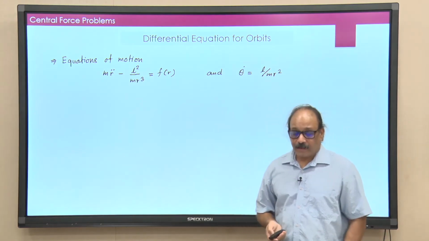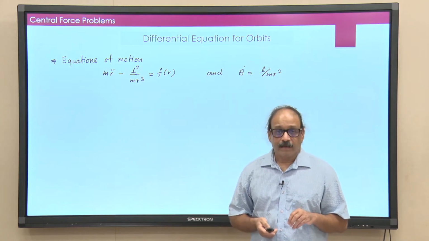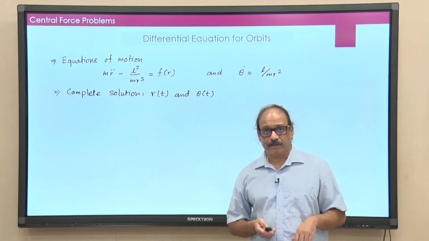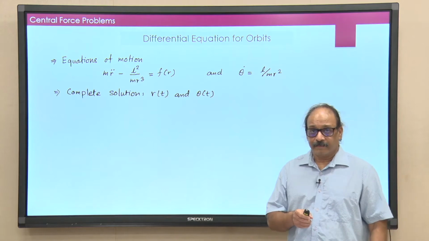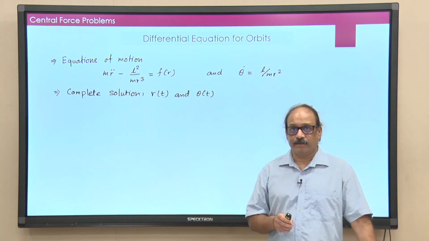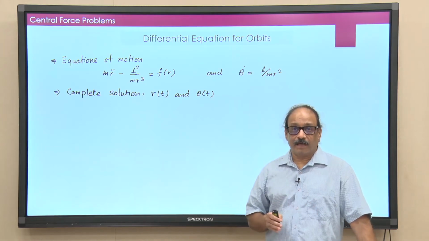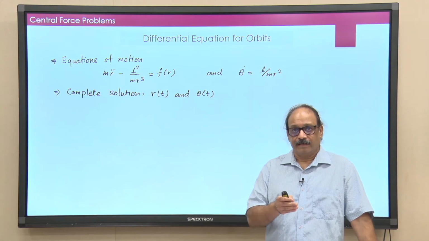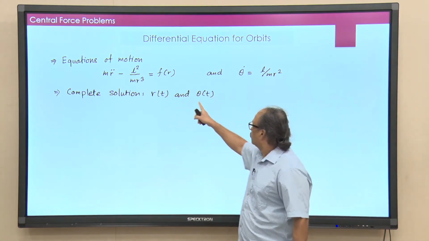Now, when I try to solve this set of equations, I get what is called a complete solution, and by complete solution what I mean is you obtain both the coordinates r and theta in terms of t. That is the complete description. Everything that you want to know about the system is included in r of t and theta of t.